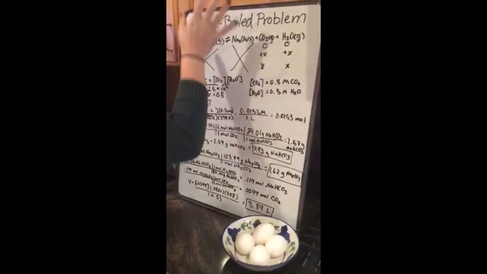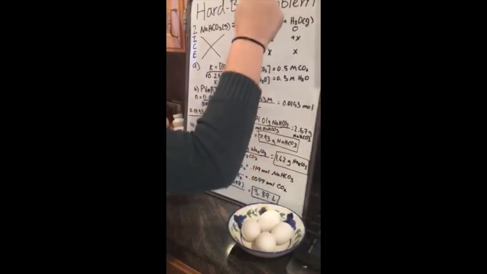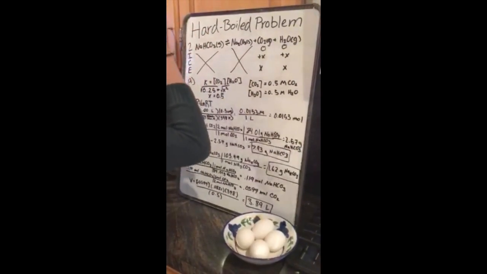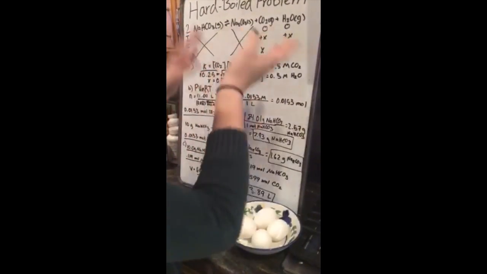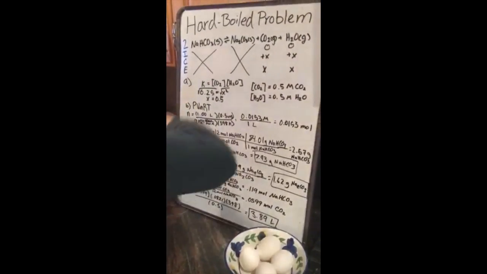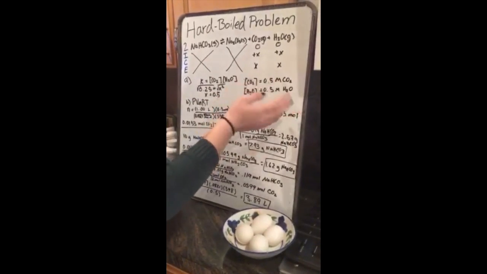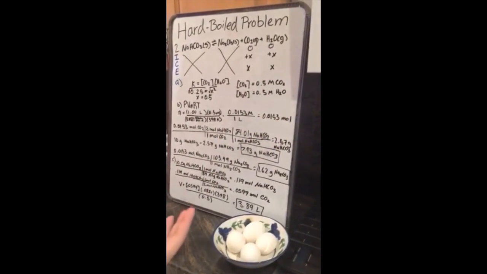Well, first, when we're doing an ice table, we know that the only things that we can use in our ice table are gases and aqueous solutions. So this is a no, this is a no because they're solids. So it's a forward reaction because of the given K, it's 0.25. So we're going forward. So this is plus X, and these concentrations at equilibrium are going to be X. So we'll set it up like any other equation.